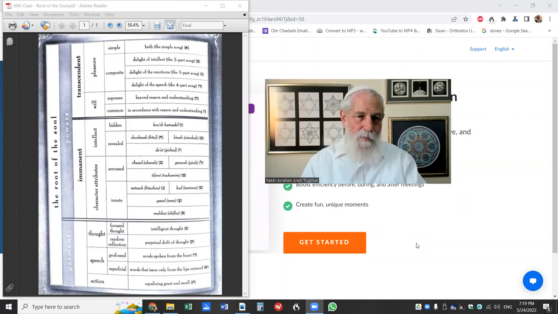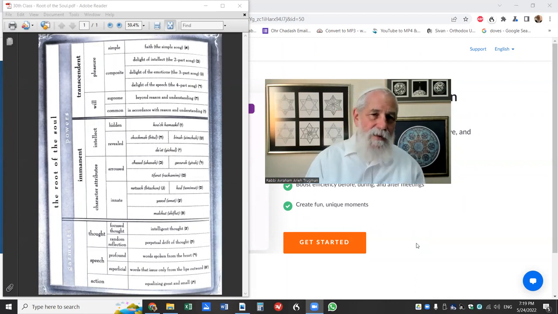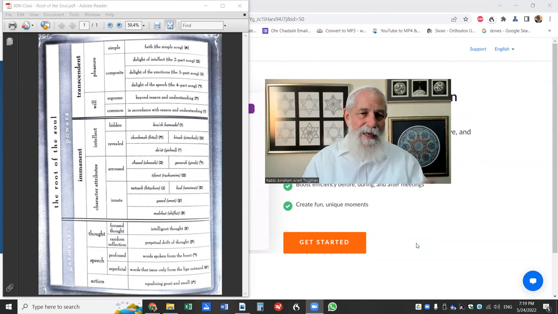Now, if we go over one more column, we'll see that each of the powers of the soul and the garments of the soul each have a dual way that they express themselves.